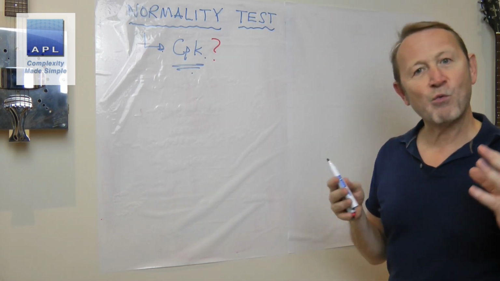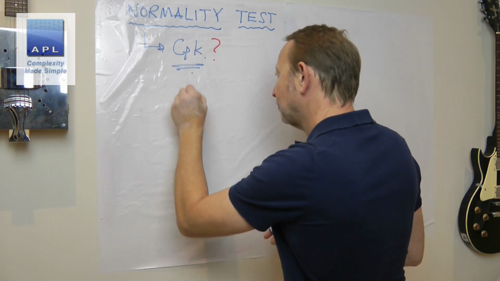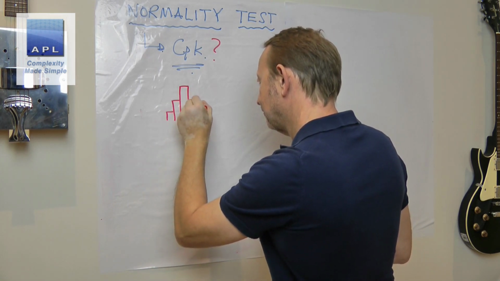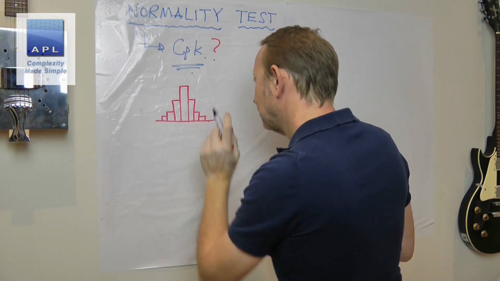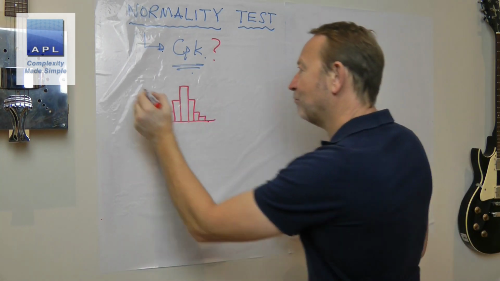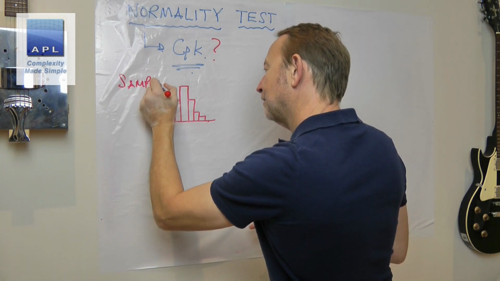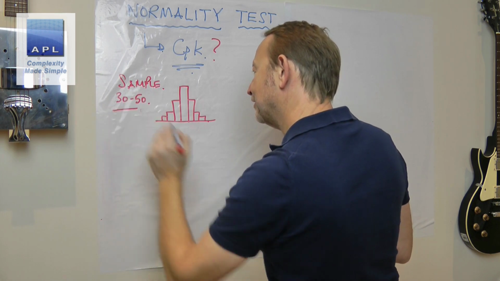Let's remember what you are doing with a CPK analysis. You've collected some data, usually a sample, between 30 and 50 is fantastic.